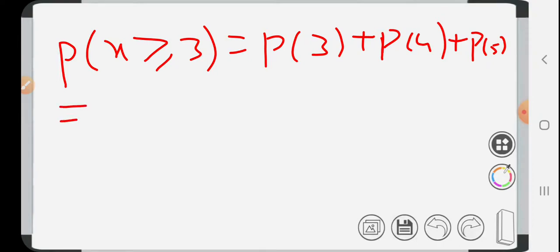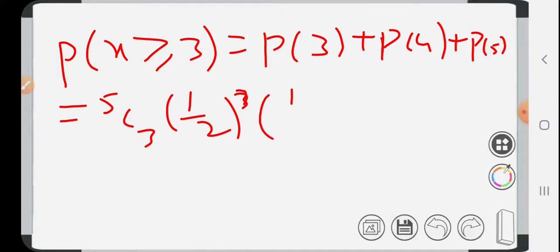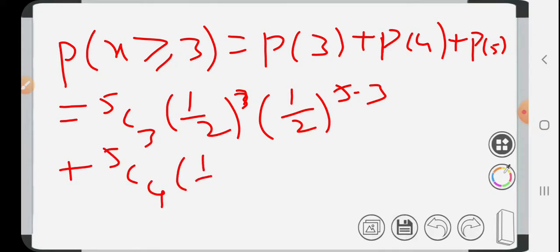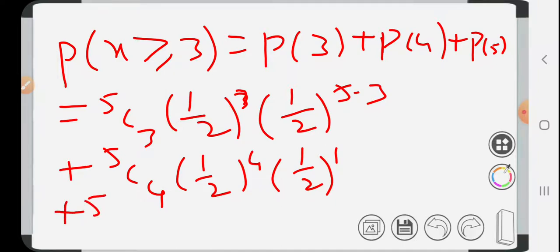So here 5C3, just write down quickly, 1 by 2 cube into 1 by 2 raised to 5 minus 3 plus, keep doing this on the calci quickly, 5C4 1 by 2 raised to 4 into 1 by 2 raised to 5 minus 4, that is 1, and last term 5C5.